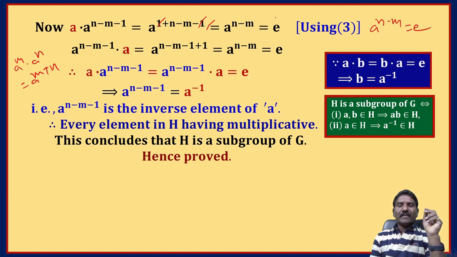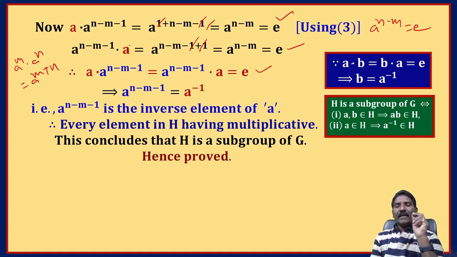Again, a power n minus m minus 1 into a is equal to a power n minus m minus 1 plus 1, and the 1 and 1 cancel. This is a power n minus m, which is e. Therefore, a into a power n minus m minus 1 is equal to a power n minus m minus 1 into a, which is equal to e.